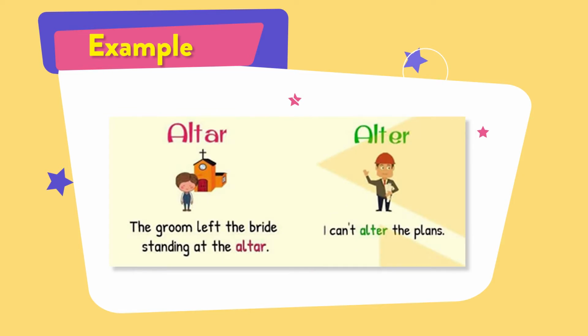We also have altar and alter, A-L-T-A-R and A-L-T-E-R. The first one refers to a structure for worship, while A-L-T-E-R refers to a change. Maybe you can alter your dress or skirt.